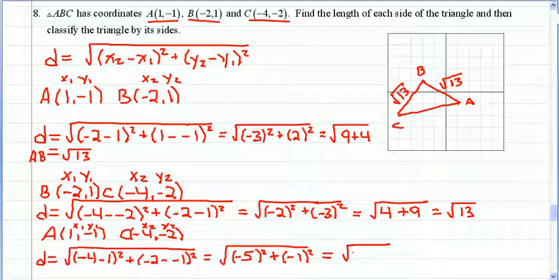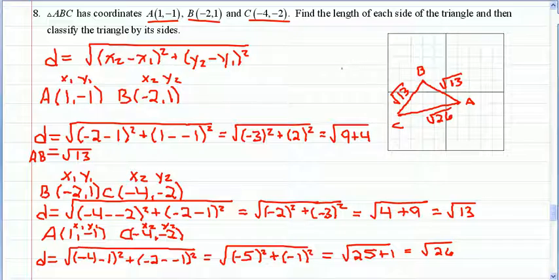And so we have the square root of 25 plus 1, which is the square root of 26. So since all three sides are not the same, we know it's not equilateral, but we do have two sides that are the same, so it's isosceles.